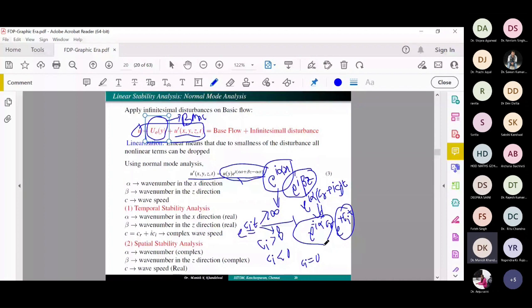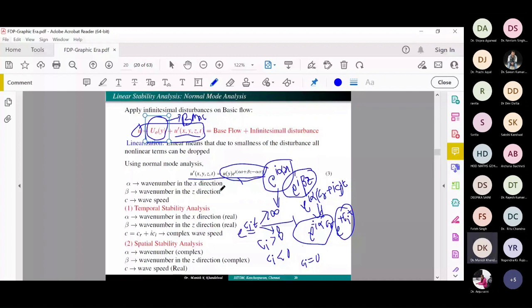In the whole expression, only the part of c called ci decides the stability of the flow. So we have to take care of the sign of ci. If the sign of ci is greater than 0 or less than 0, then we can say the flow is unstable or stable.